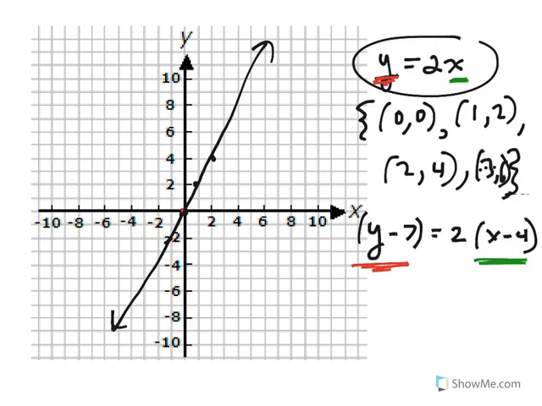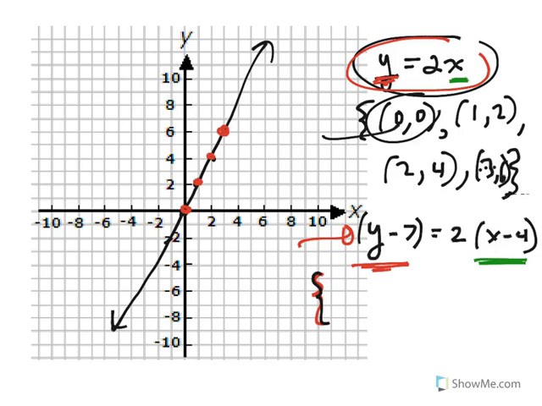So here I've got (0, 0), (1, 2), (2, 4), and (3, 6). So here are 4 points that are in the solution set for this original equation, y equals 2x. I'm going to find 4 points in the solution set for this other equation. Now the trick to this is, let's go 1 point at a time.